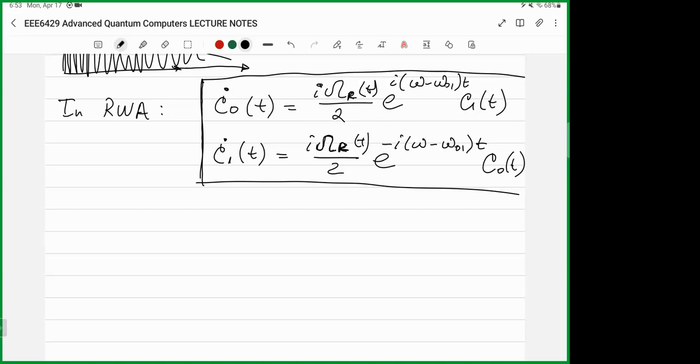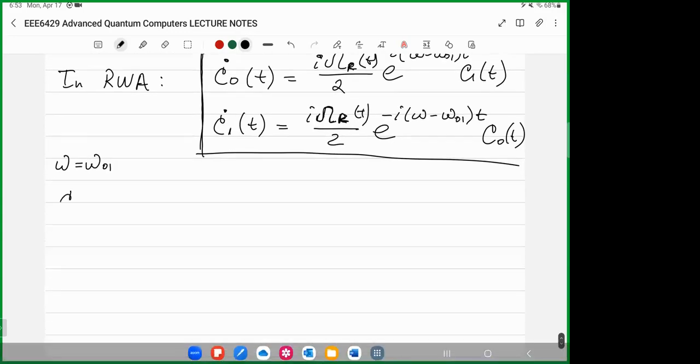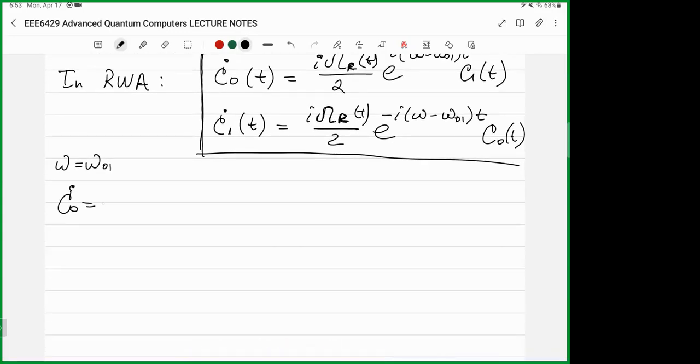We can simplify these two equations even further, assuming that we have exactly resonant case, when our excitation is exactly at the transition frequency of the qubit. So in this case, these two equations simplify to C sub 0 dot equals i omega_R over 2 C sub 1 and C sub 1 dot equals i omega_R over 2 C sub 0.